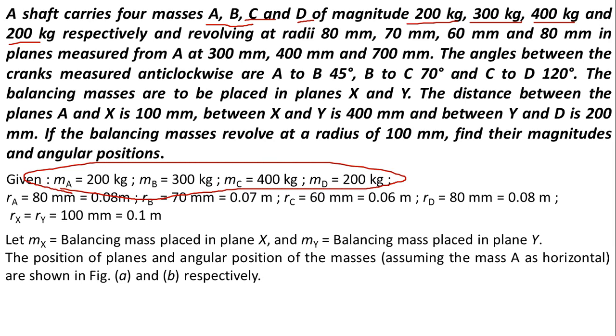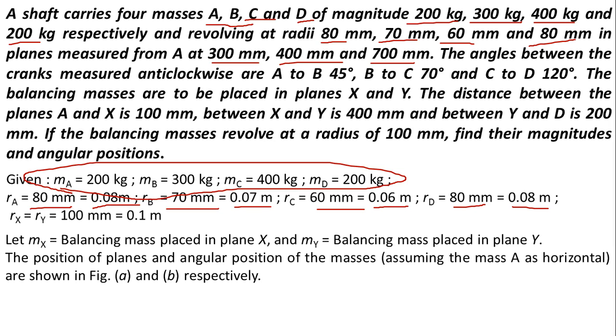Then the respective radii are also given: for A, B, C and D they are 80, 70, 60 and 80 mm. We convert millimeters to meters, so we get 0.08 m, 0.07 m, 0.06 m and 0.08 m. The lengths are also given: the planes are measured from A at 300 mm, 400 mm and 700 mm.